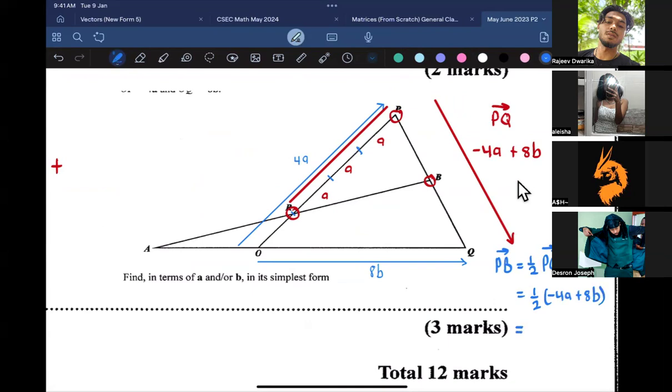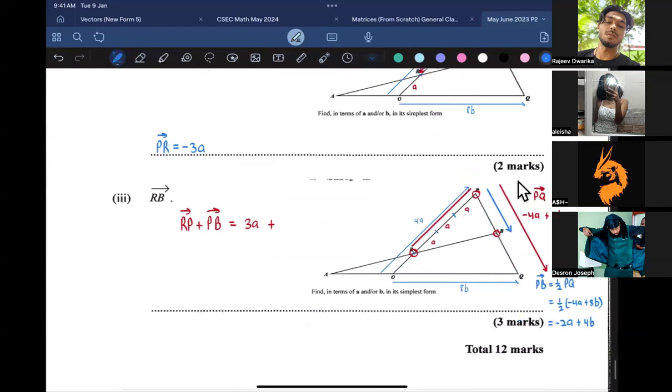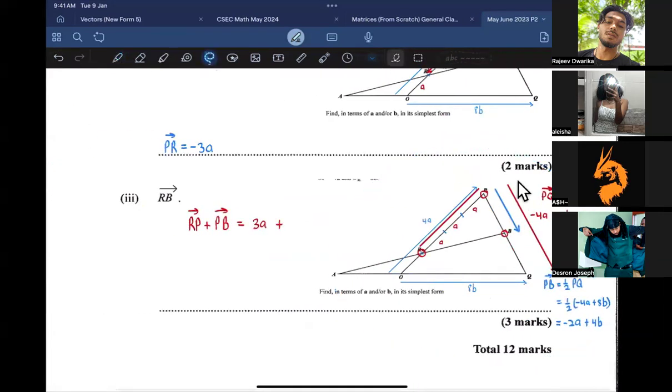Where's half of minus 4? Half of 4 is what? So it's minus 2, right? And where's half of 8? 4. Right. So just like that, we were able to figure out P to B.